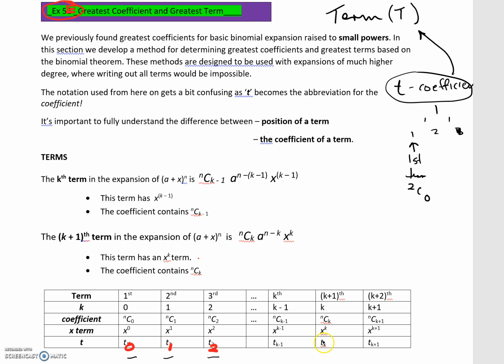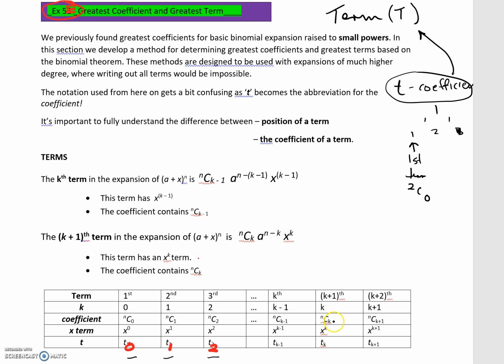The coefficient for x to the k is called t to the k, and the value from Pascal's triangle is NCK. All of that's correct. However, we know that NC0 is actually the one more term.